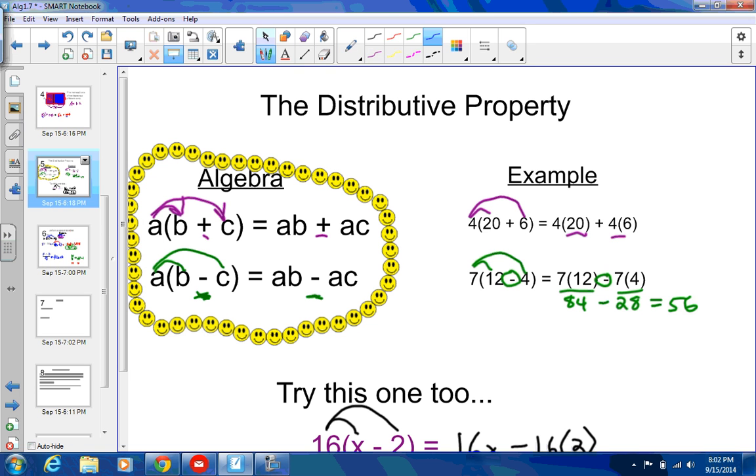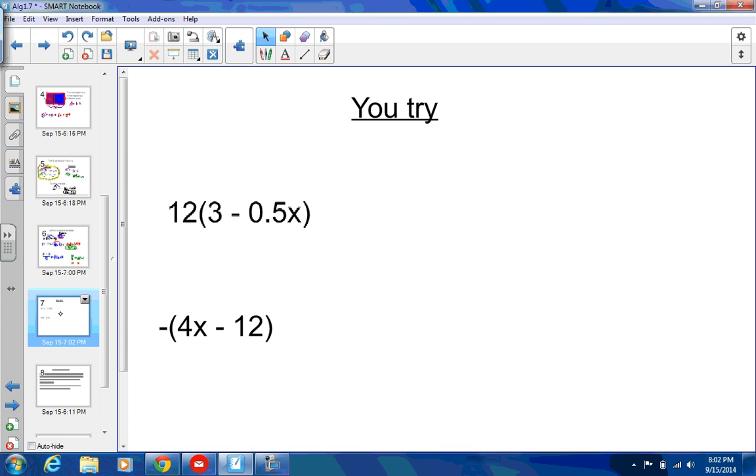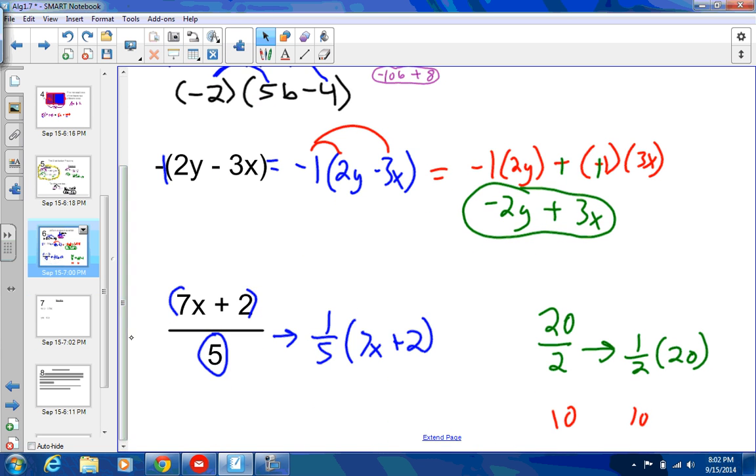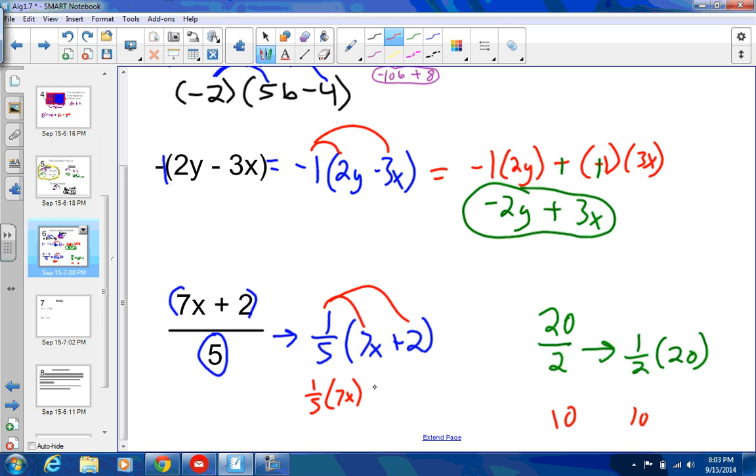So, back to this problem. It's in the form that we like, so let's just multiply it out. Let's just distribute that 1/5. So it's going to be distributed there and there, and you're going to keep that addition sign. So 1/5 times 7x plus 1/5 times 2.